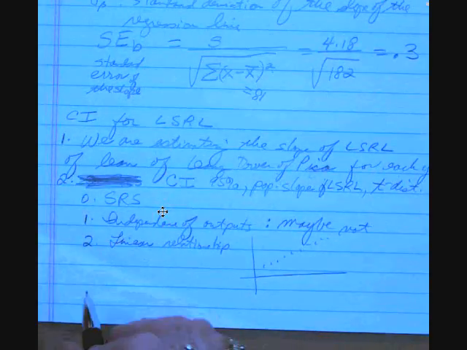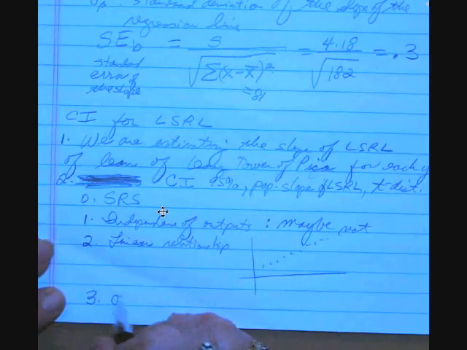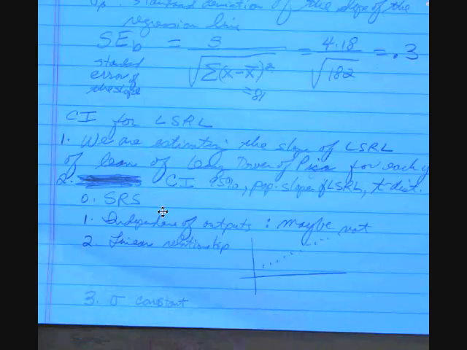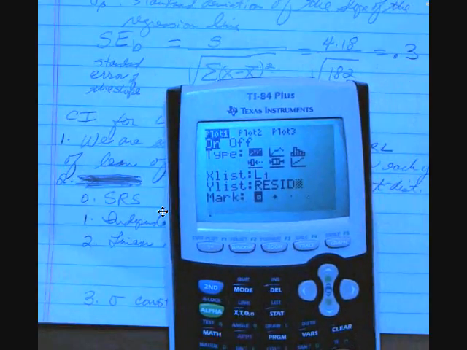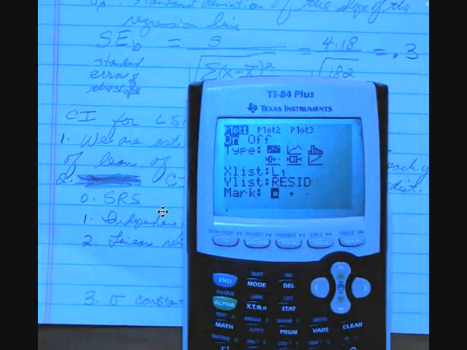Next check is the standard deviations. So the standard deviation for the outputs needs to be constant. So with that, I check the residuals to make sure they're evenly scattered. So let me give you a little look at the residuals, in case you forget how to look at them. And do a zoom 9.